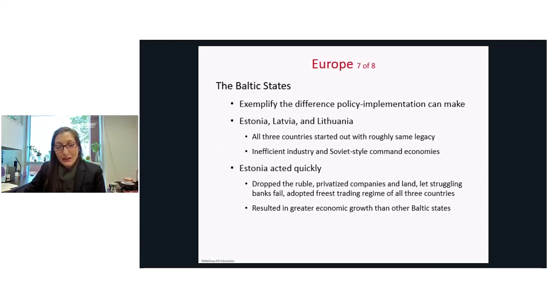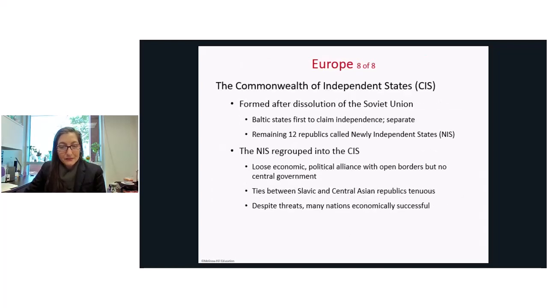Estonia, for example, acted quickly. They dropped the ruble, privatized companies and land, and let struggling banks fail. They adopted a free state trading regime, more so than Latvia and Lithuania. And this resulted in greater economic growth than other Baltic states.